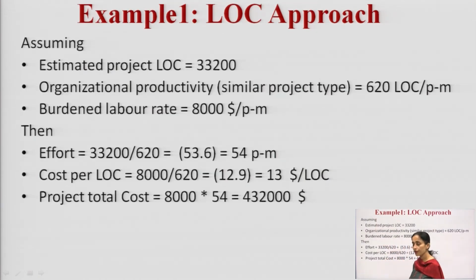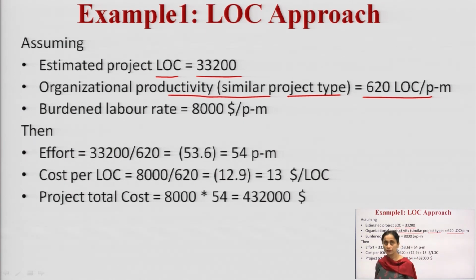So, here I am going to take two examples, one using the LOC approach and the next one using the function point approach that we have just discussed. So, assume a program that is estimating the lines of code in the project as 33,200. Then the organizational productivity for the similar project type is given to me, 620 lines of code per person month.